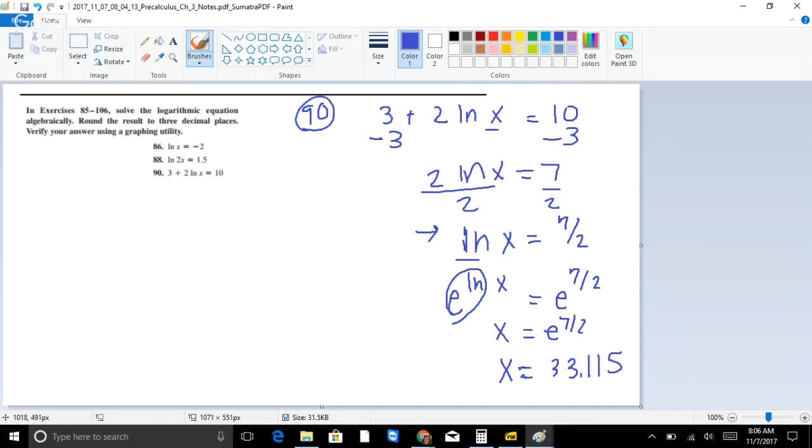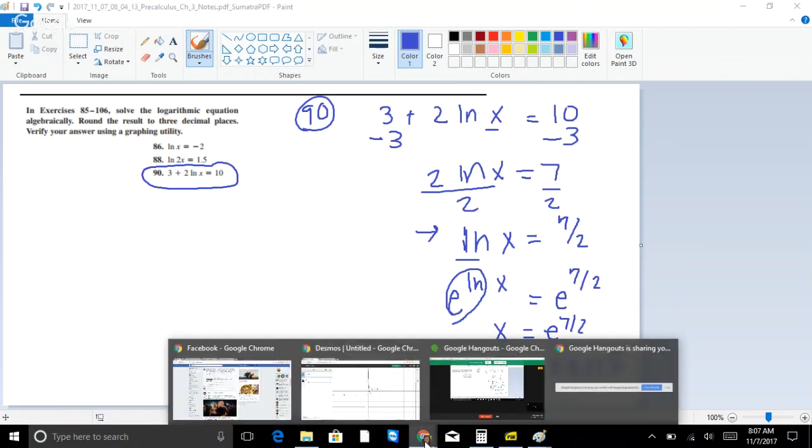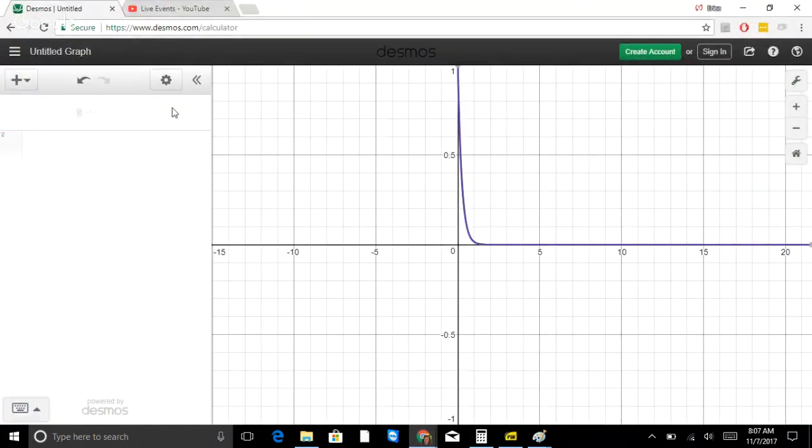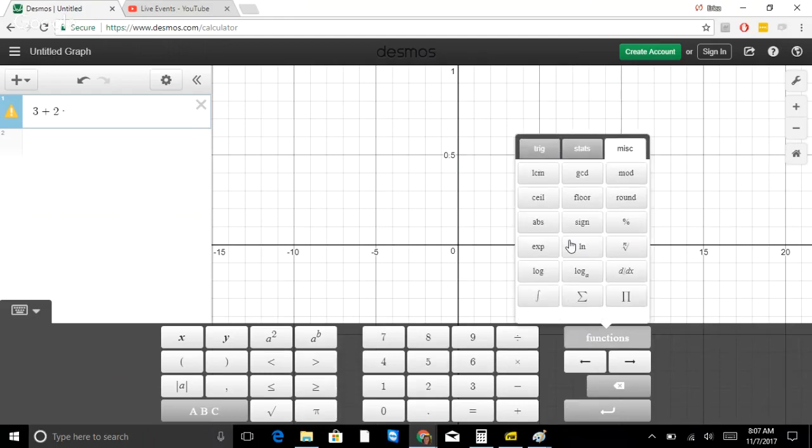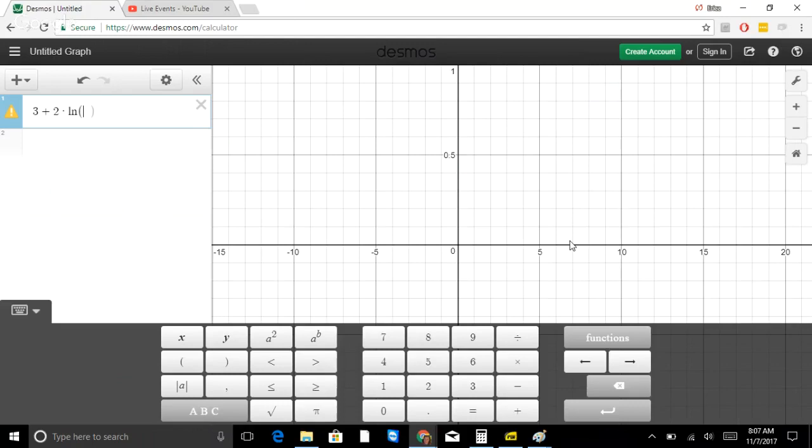All right. And then again, we didn't actually do this with the logarithmic equation. If you look at our original equation and we go to our graphing utility and we graph our logarithmic equation along with our solution, we can find where the two intersect. So we have 3 plus 2 times the natural log of x, and we want to know where that equals 10.